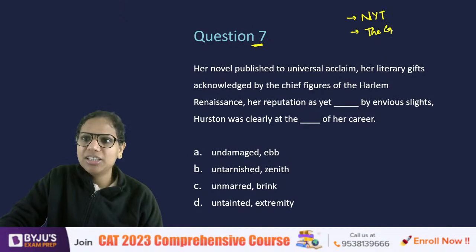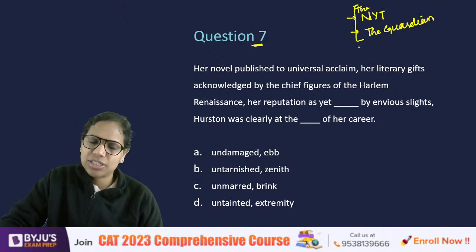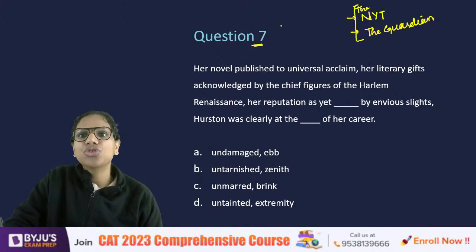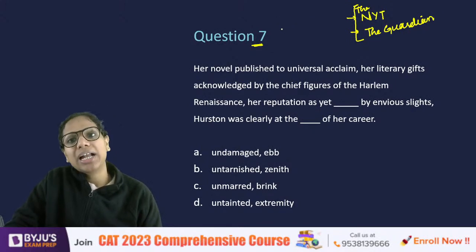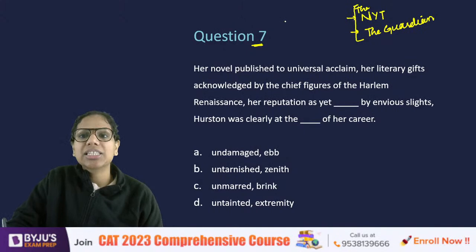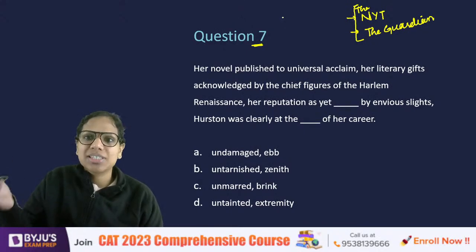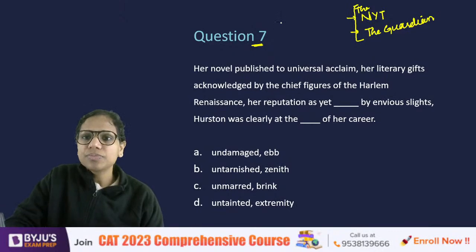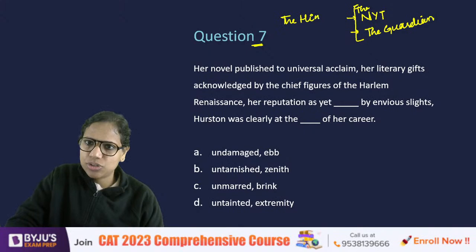On the other hand, if you just want to improve your current affairs knowledge, which will come in handy for your personal interviews or for non-CAT exams such as XAT, IFT, etc., you can read the Hindu or the Indian Express for Indian news.